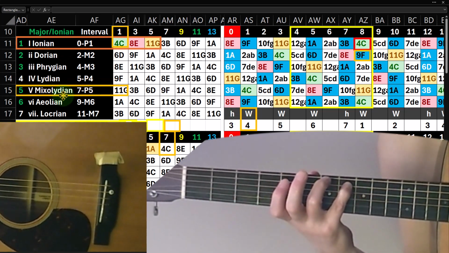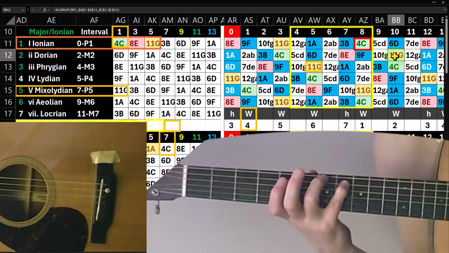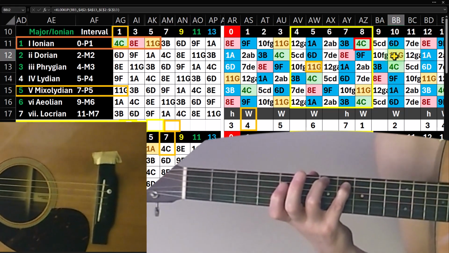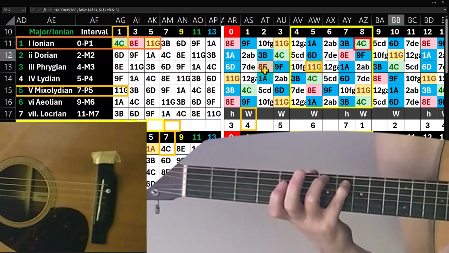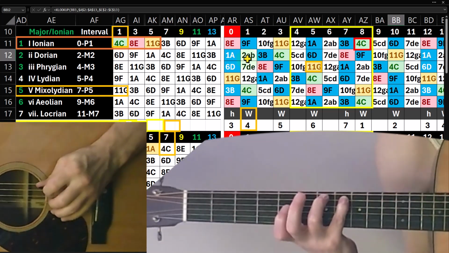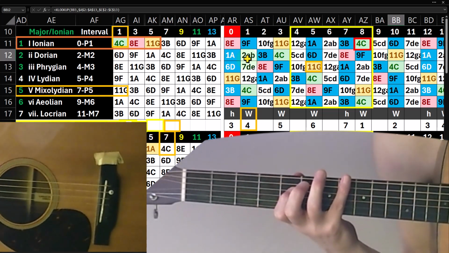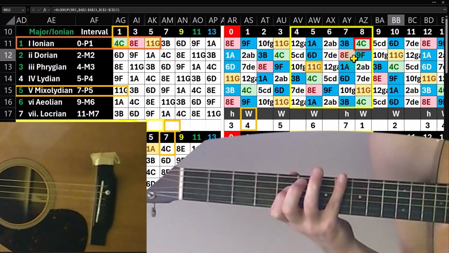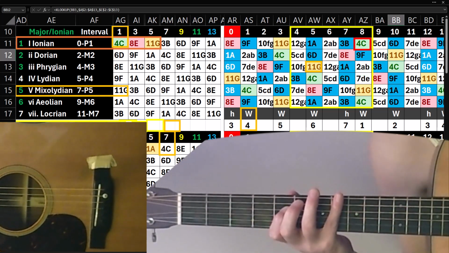Once again, I'm not going to go out here because I'm going to stay in the shape. So that would be a whole step back this way. That's going to be pointer to pinky or pinky to pointer. How do I know that's a whole step? Because it's going to be 5 notes between the strings, 5, 4, 3, 2, back to here, okay?